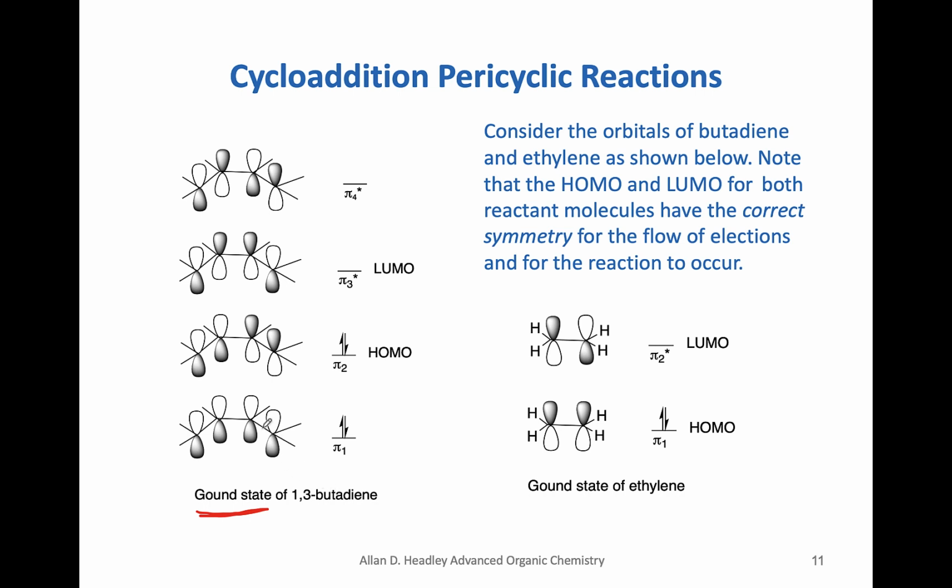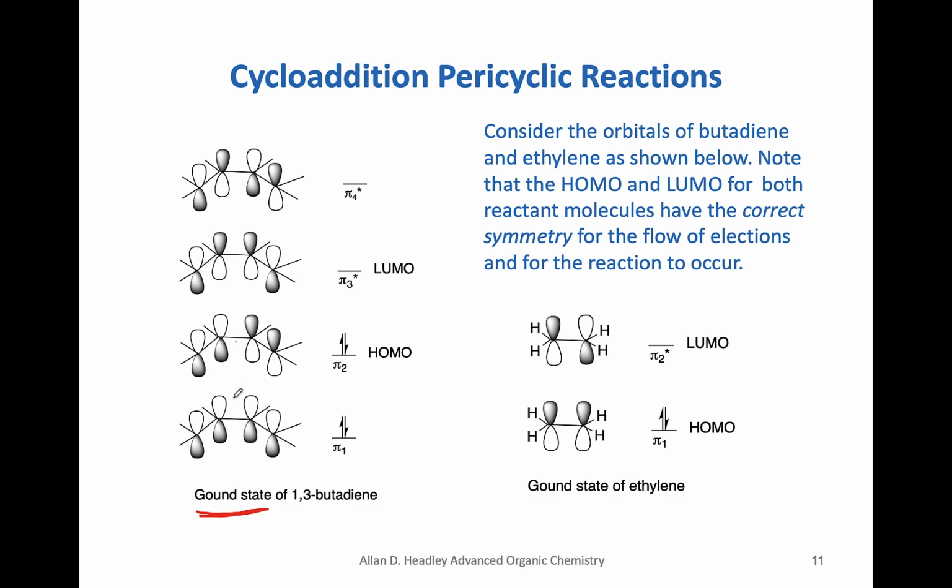We have 4 pi orbitals, so therefore we should have 4 molecular orbitals, and they're shown here. You may recall that the ground state has the shaded areas on the same side, and for the next one we have here 1 node.